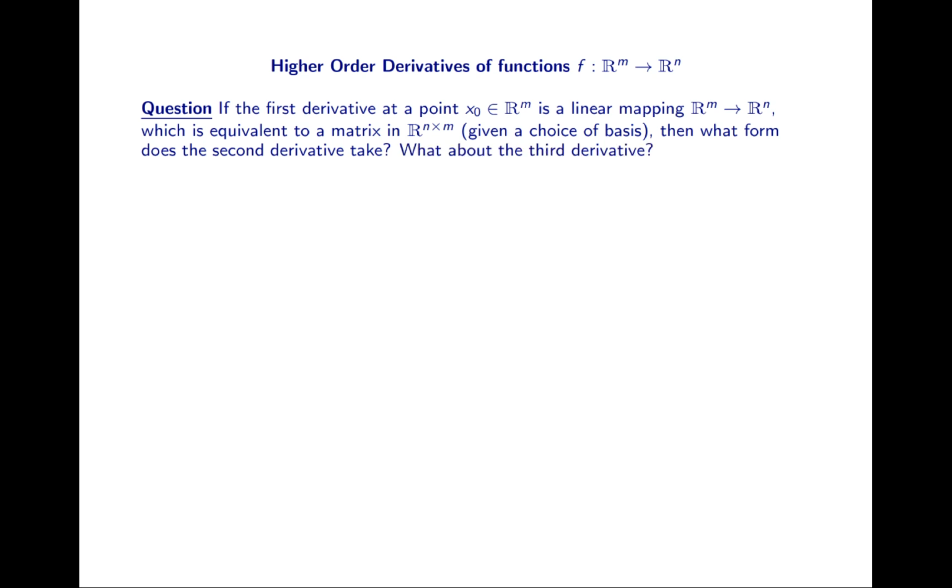What about the third derivative? The kth derivative? From our illustration of Taylor, we have to understand how these derivatives can operate on 2 vectors, 3 vectors, or k vectors.